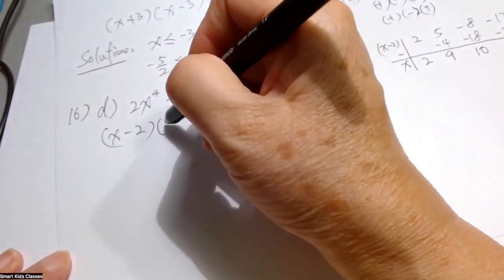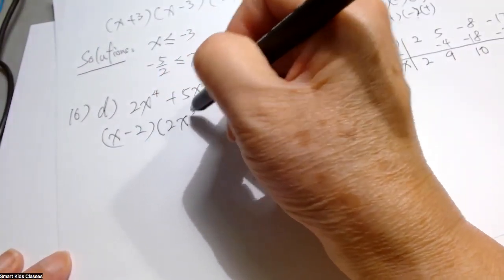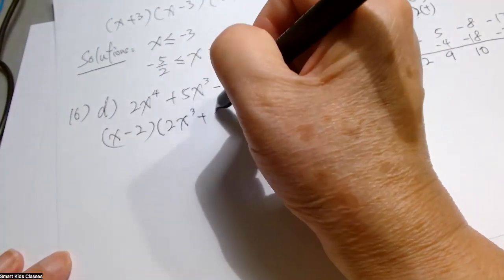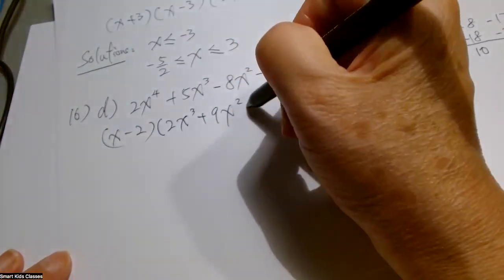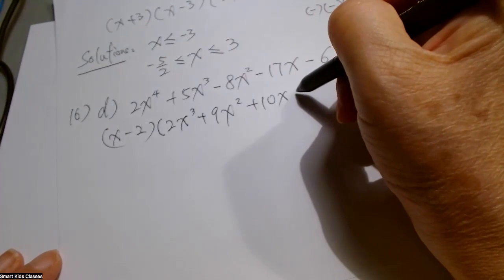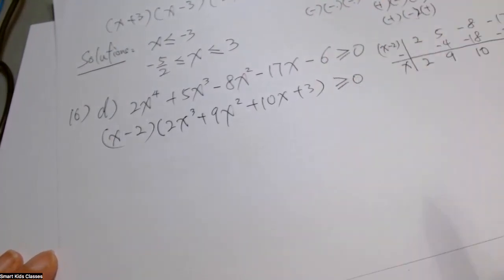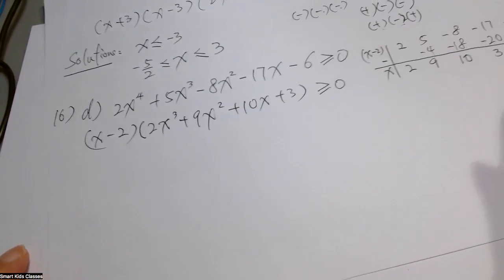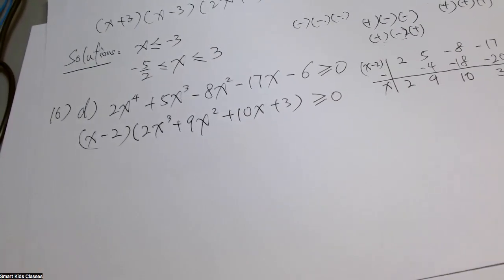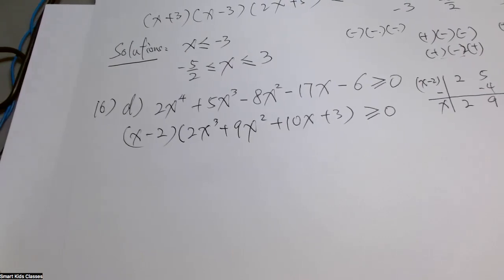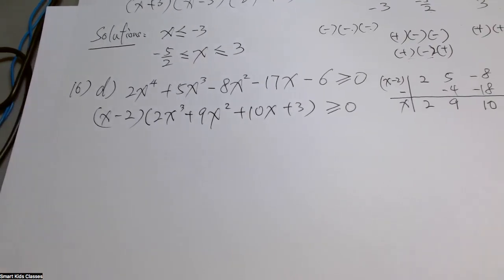Now we're going to write the equation here. The answer is 2x exponent 3, plus 9x exponent 2, plus 10x, plus 3, is larger or equal to 0. Now from this cubic function, are we going to try the factor again?